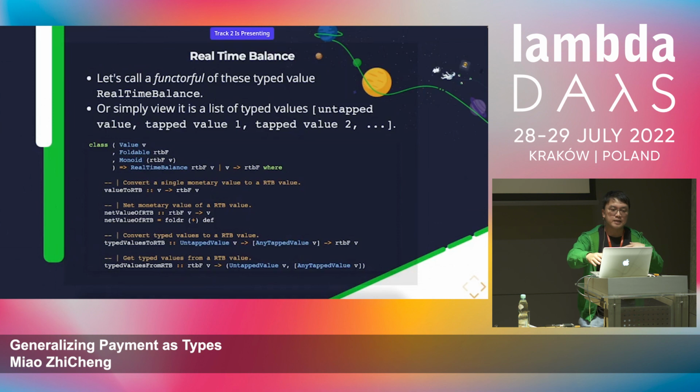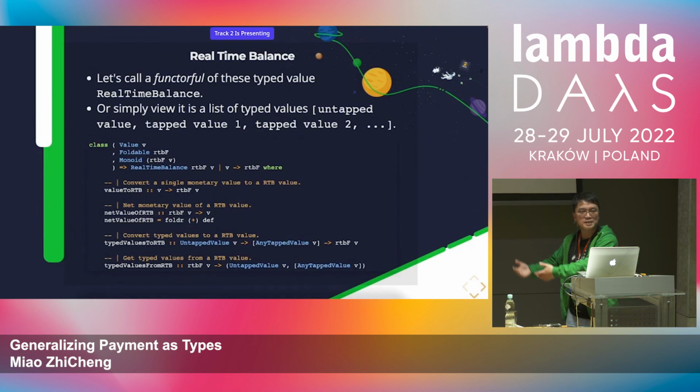And then there is a net value of that, so it converts from this vector to a single value. So that's a basic definition. Just think of it as converting from one single value to a vector and back and forth. That's all it does here. And it's a functor of these typed values. Again, bear with me, we'll see why it's useful later.